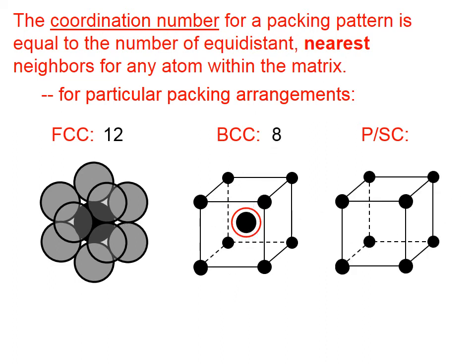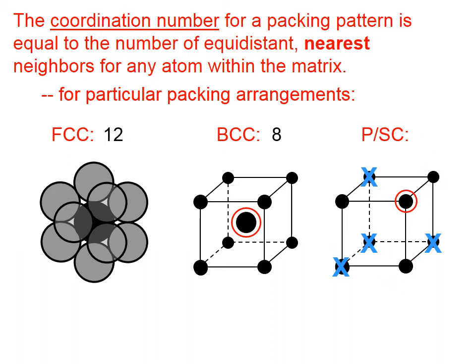How about the primitive or simple cubic? Let's consider that atom right there. How many of its neighbors are nearest and equidistant? Well, not the ones that I've crossed off with blue X's. Those are not nearest neighbors. There's a nearest neighbor, there's a nearest neighbor, and there's a nearest neighbor.